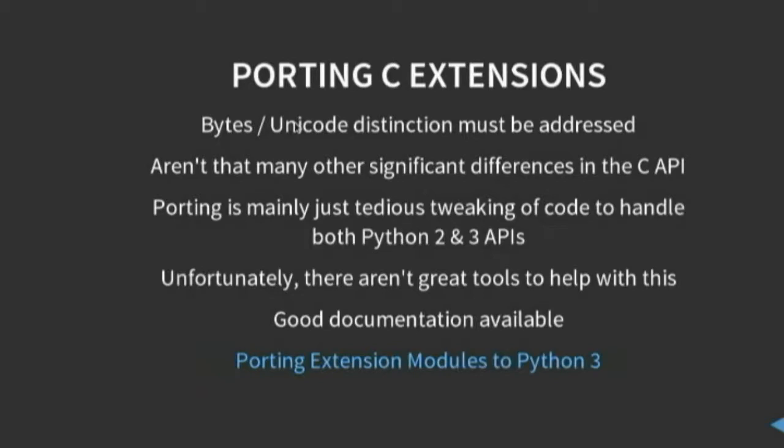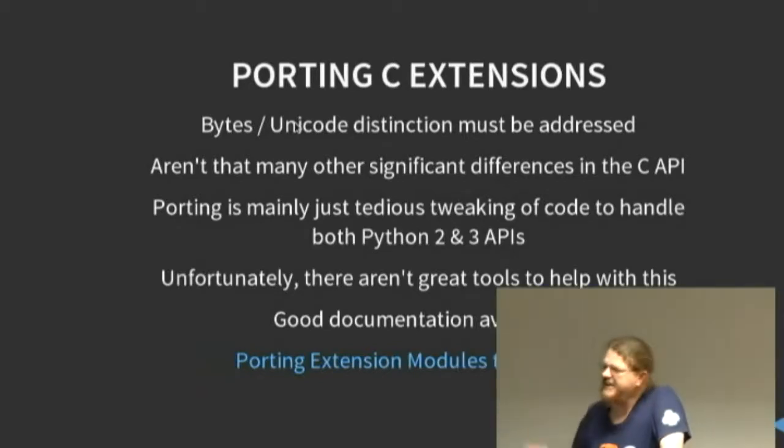Most of the other things aren't really significant. Porting a C extension is usually a bunch of little tedious fixes to deal with the fact that the API is slightly different. There aren't really great tools to help you with this, which is a bit annoying, but there's very good documentation which tells you how to do it.